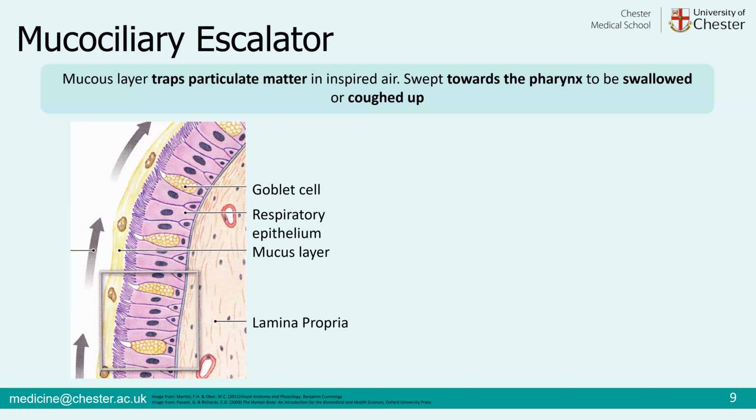Any large particles that get past that will have this mucociliary escalator in the nasal cavity down through the trachea into the bronchi. And then when we get into those lower airways where we transition away from this epithelial type, we have other respiratory defense mechanisms down in the alveoli to protect those delicate respiratory surfaces. And ideally, by the time we get down to our alveoli, hopefully most of this stuff has been captured and isn't going to get to that point.